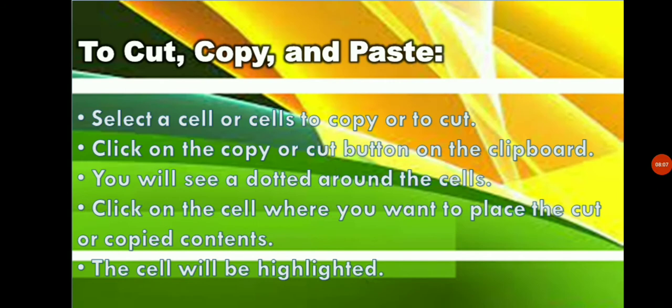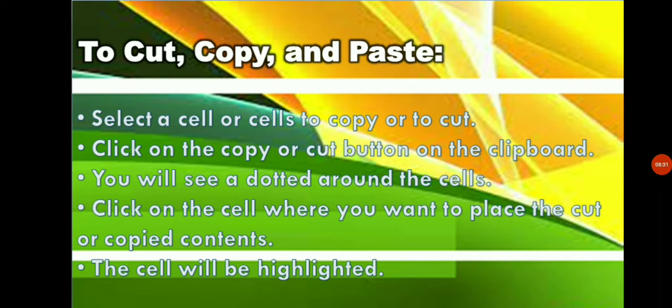Next slide is how to cut, copy, and paste. Select the cell or cells to copy or to cut. Click on the copy or cut button on the clipboard. You will see a dotted line around the cell. Click on the cell where you want to place the cut or copied contents.